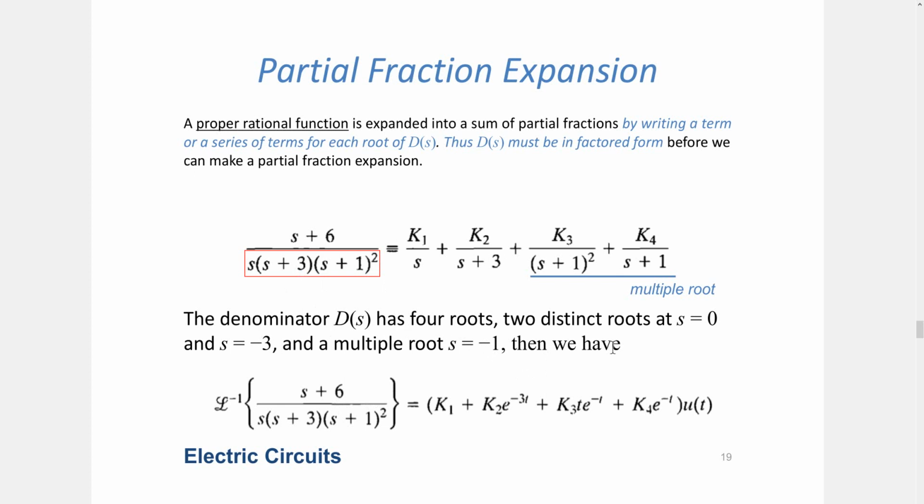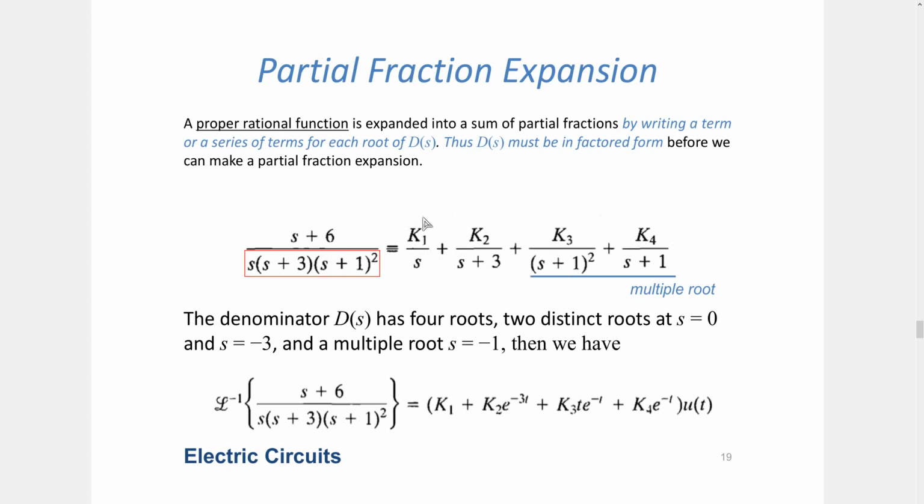So we are basically following a divide and conquer approach here. This looks complicated, so we say that it must be decomposed. We can factorize the denominator in such a way that these terms will be combined somehow. We don't know these coefficients k1, k2, k3, but they are solvable.